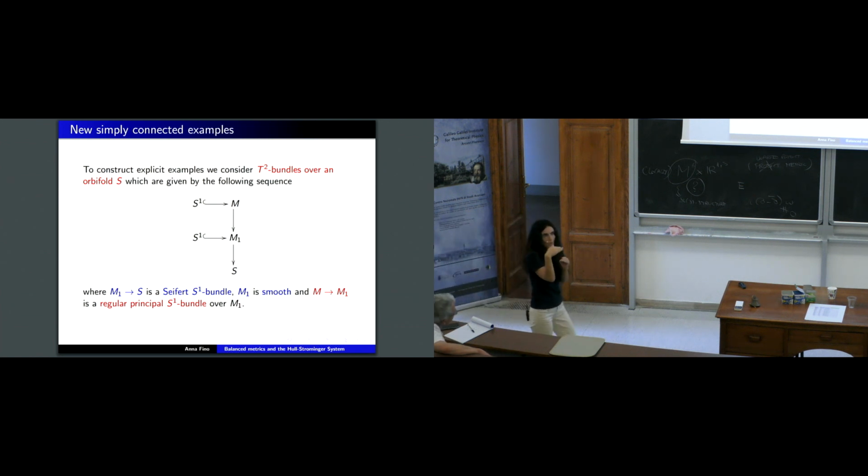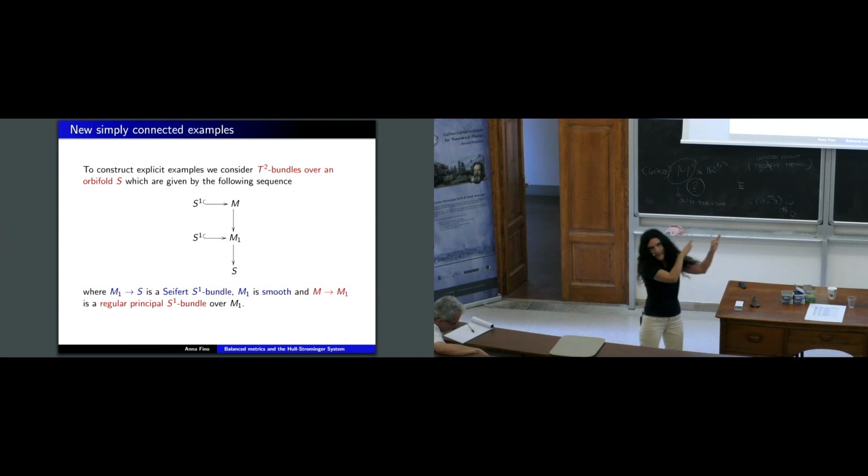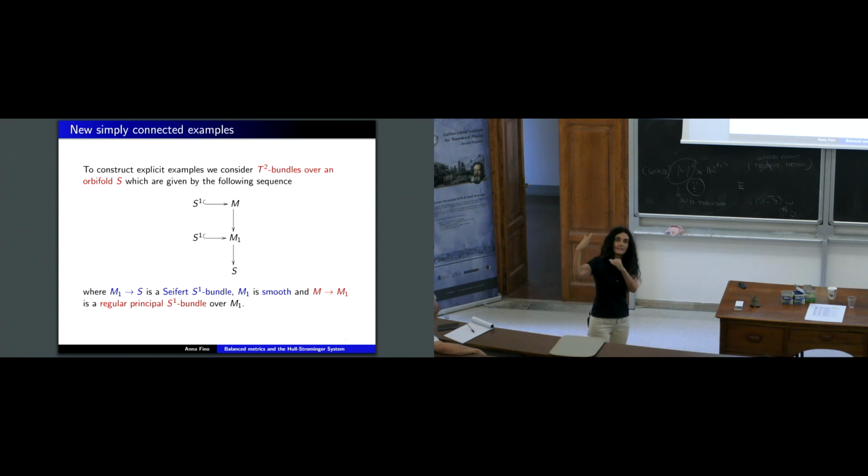Roughly speaking, you can think that outside union of the divisor, you have a usual S1 bundle. I will say more later, but I don't think that I have time to say more anyway. And then the important thing by Kollár theory, we know when this Seifert S1 bundle is smooth. Okay, and then we just take a smooth, let's say, a regular principal S1 bundle.